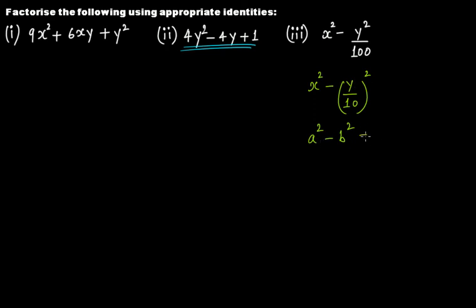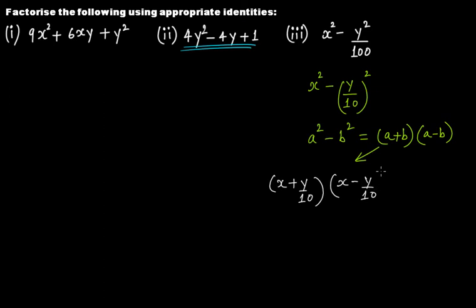And a squared minus b squared is equal to (a plus b) multiplied by (a minus b). So a plus b in this case will be x plus y by 10, and a minus b is x minus y by 10. So the two factors of this quadratic polynomial are x plus y by 10 and x minus y by 10. These are the two factors.